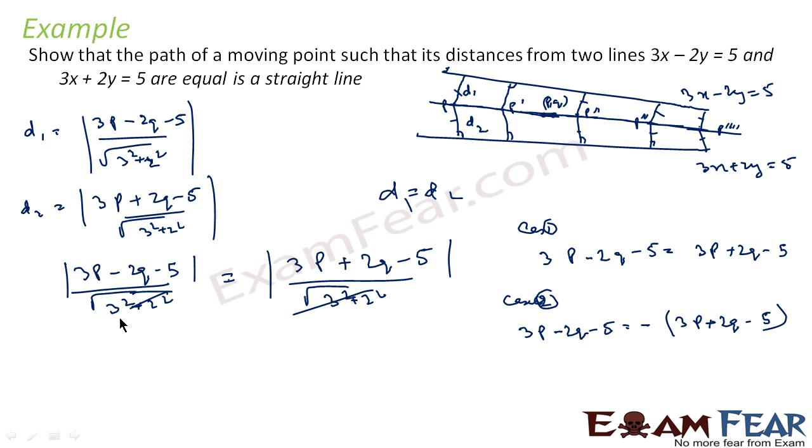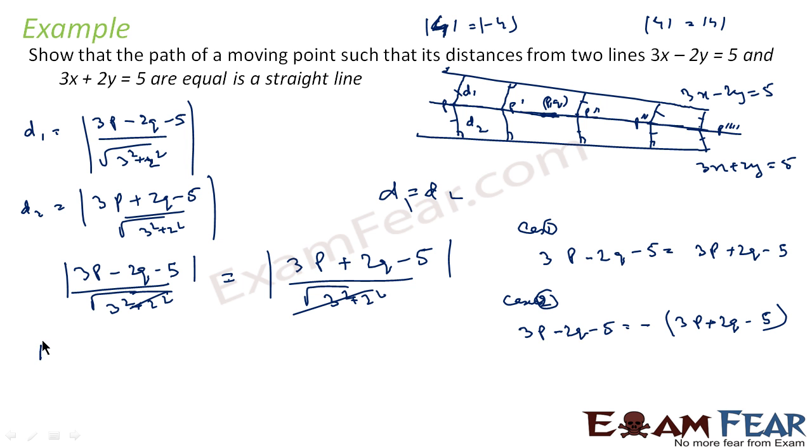Why? Since we are removing the mod, either both quantities will be equal, or they will be equal in value but opposite in sign. For example, you can say 4 is equal to mod of minus 4, so both quantities are equal in value but the signs are different, or we can also say 4 is equal to 4. When removing the mod, you are equating the value, but we are not sure about the signs, so we can take both cases.